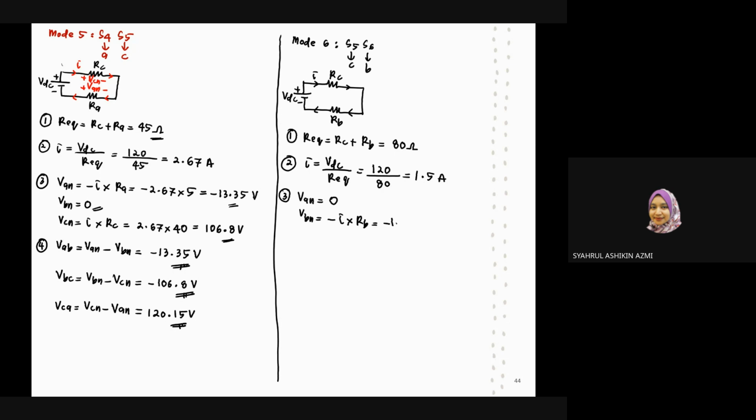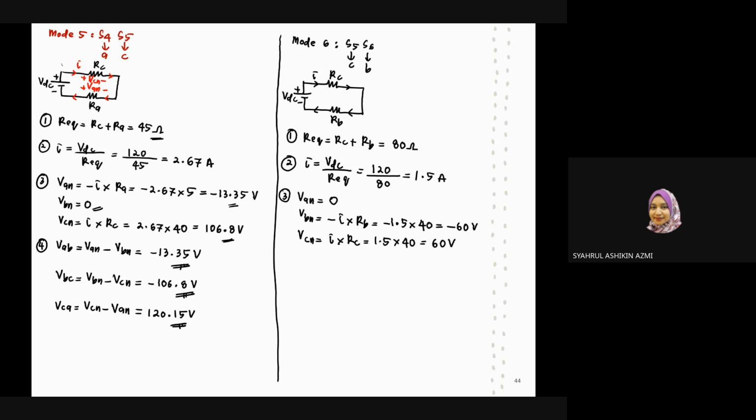So negative 1.5 times RB, which is 40. The answer is negative 60 volt.